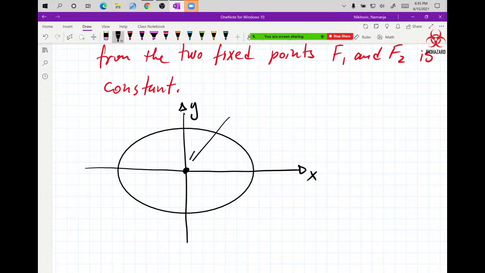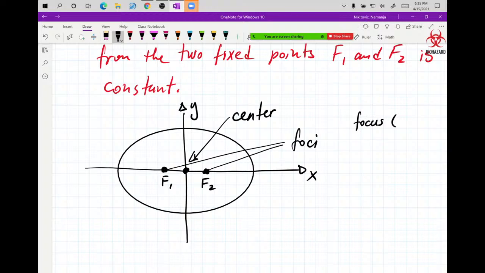This point here is called the center, and these two are called foci. Focus is each. So if you're just talking about one of these 2 points, then you call it a focus. But if you're talking about both of them, plural, then you say foci.